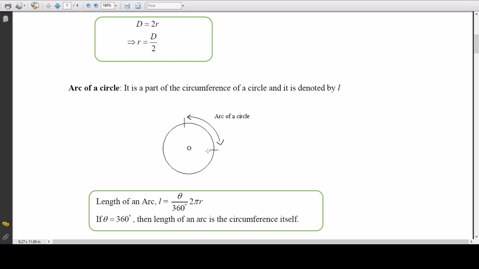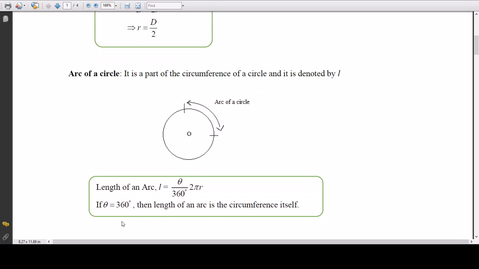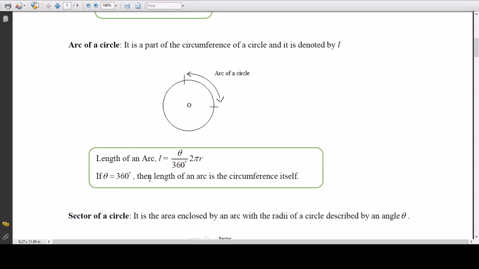Clear? Now, if theta is equal to 360, then what will be the length of the arc? If theta is 360, then you have 360 by 360, which cancel each other. You'll have only 2 pi r. What is 2 pi r? 2 pi r is the length of the circumference, isn't it?